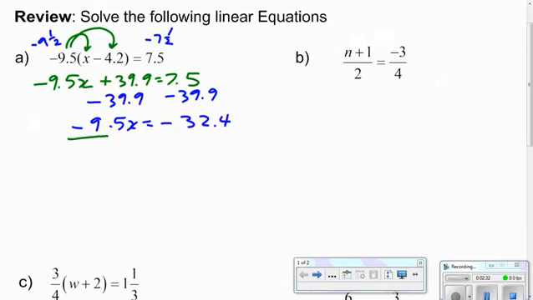So now we're going to divide by negative 9.5. And again, we get an irrational, so we get negative 3.41, blah, blah, blah. So we do have to round it, okay?